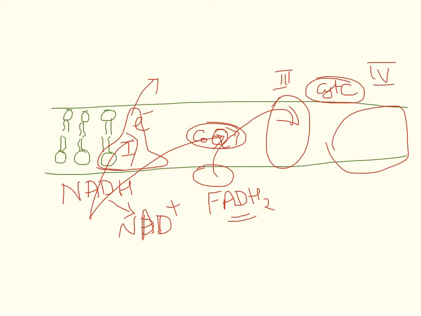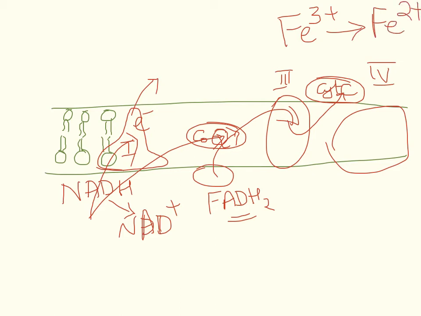Okay, so in complex 3, 2 electrons are given to cytochrome C, and cytochrome C is a series of iron containing proteins. Okay, and eventually the iron inside the cytochrome C is reduced from Fe3 plus to Fe2 plus.